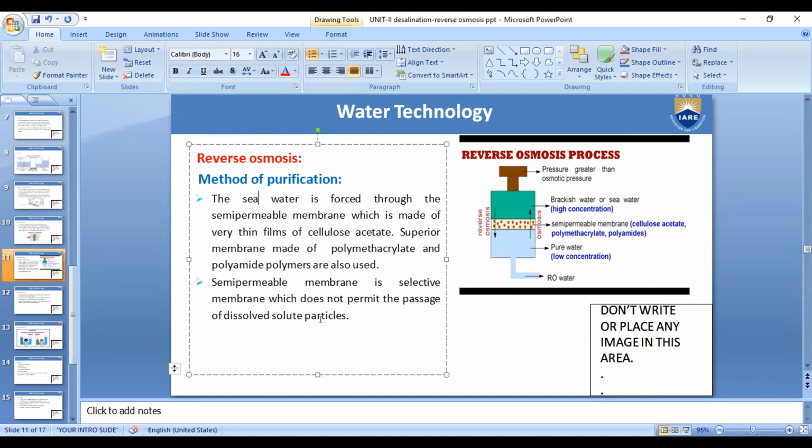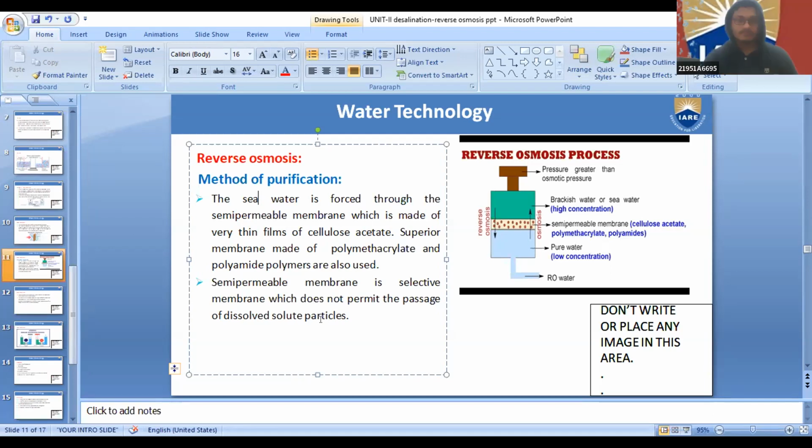Tell me what is reverse osmosis. In one line, you have to tell me what is reverse osmosis. What is solvent? Tell me here. Sea water, solvent is? Pure water. Water. Solvent is water. Solute is? Salt, and impurities.